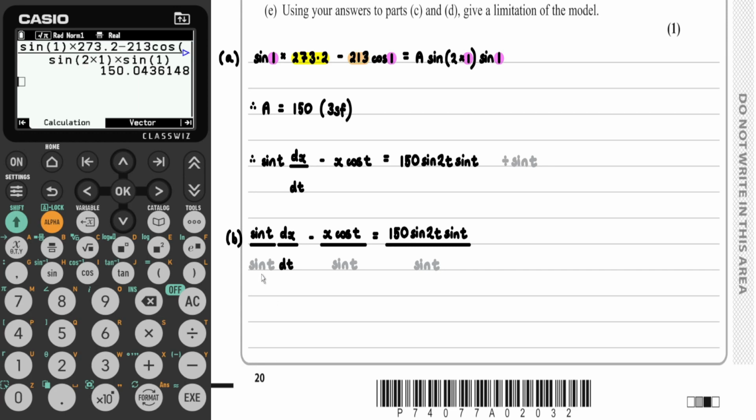So sin t over sin t is just 1, so we've got 1 times dx over dt, and then we subtract cos t over sin t multiplied by x, and this is equal to 150 sin 2t. The sin t's cancel, leaving us with 150 sin 2t.